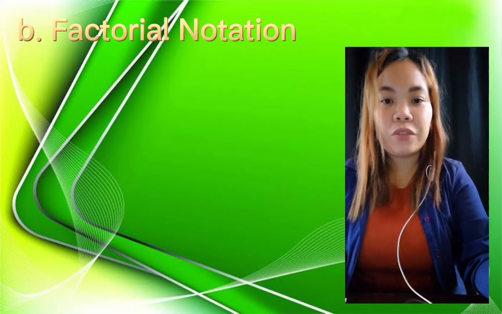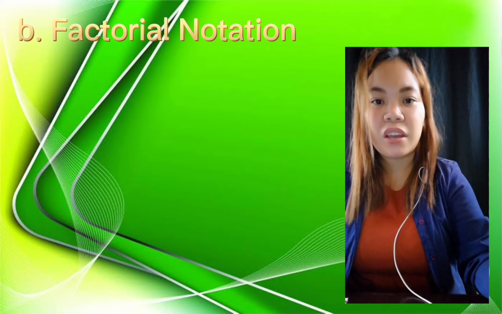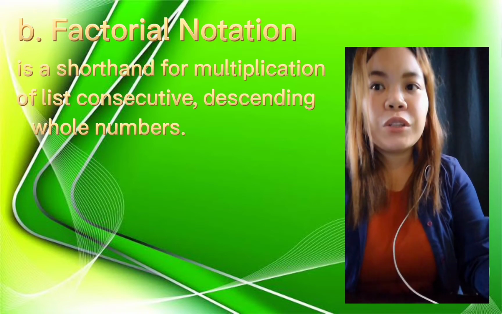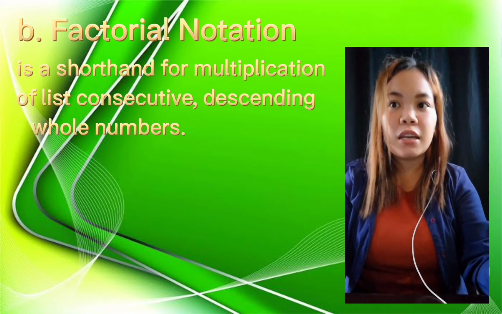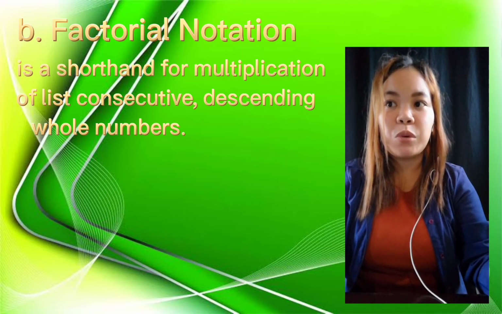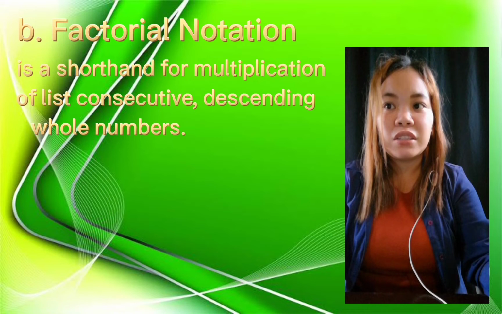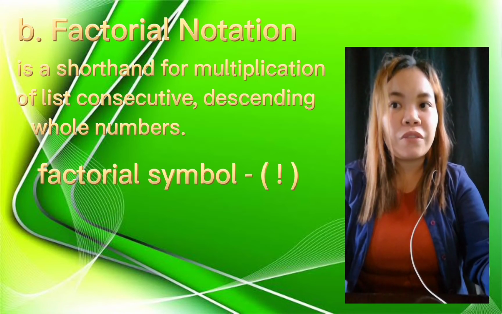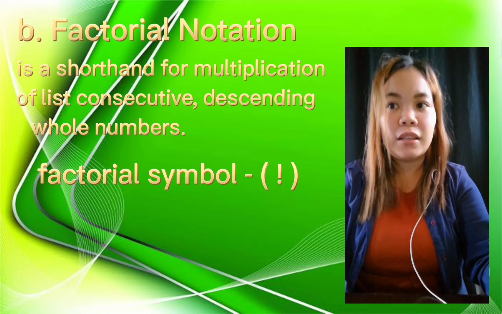Our next topic for today is factorial notation. Factorial notation is a shorthand for multiplication of a list of consecutive descending whole numbers. So our symbol for factorial is like this.